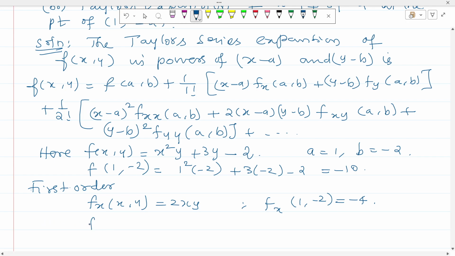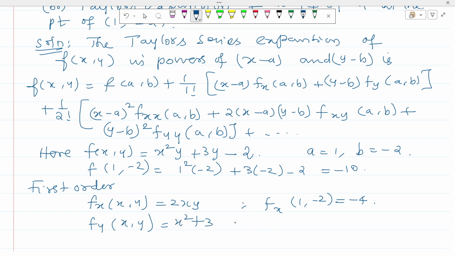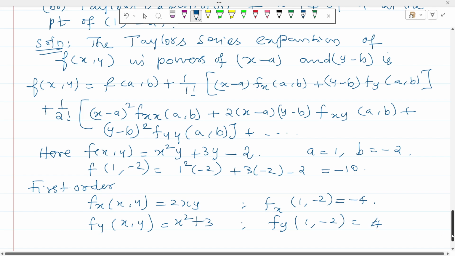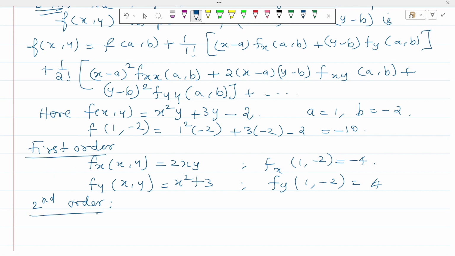Then fy of x comma y is x square plus 3. So fy of 1 comma minus 2, substituting x equal to 1, then we will get 4. Then come to the second order. This first one is 0th order, then first order, then second order.